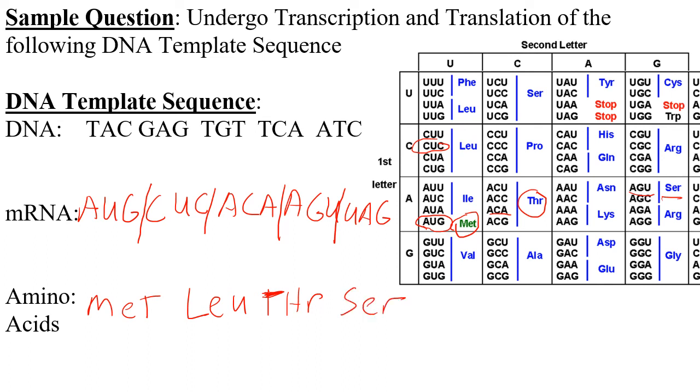So SER. Then UAG. UAG is up here, and that is the stop codon. That, along with UAA and UGA, tell the ribosome to stop making the protein. So stop. Now the ribosome would then bond together these amino acids in the correct order with peptide bonds, forming a polypeptide or a protein.